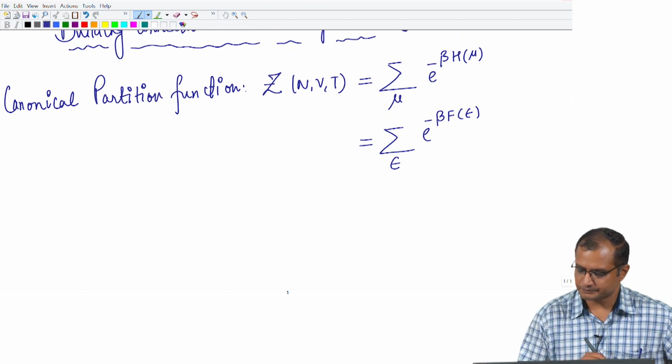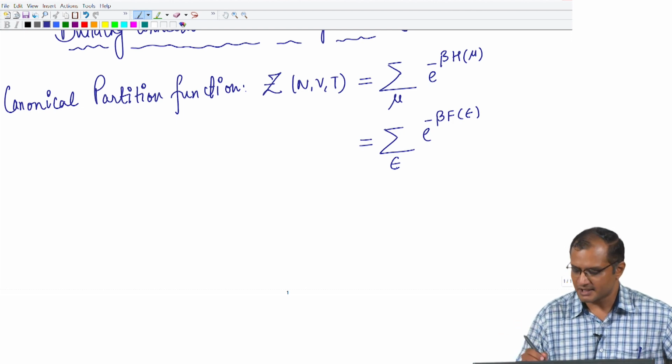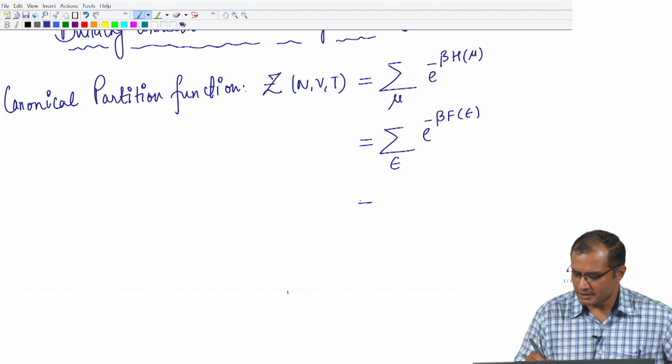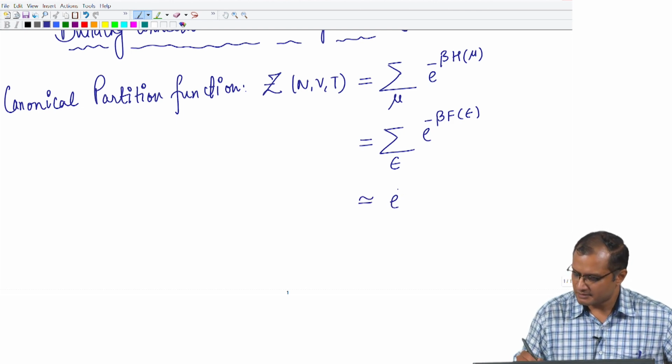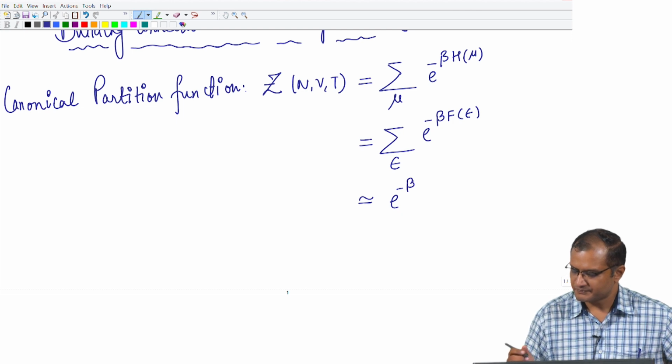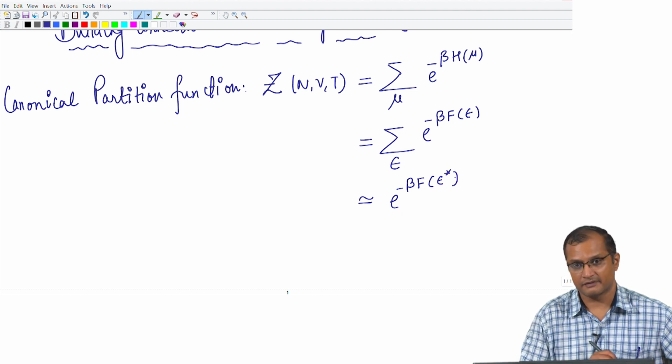And we said that the summation involves a large number of energy states. So, it can be approximated by the largest value in the summand, which is e to the power minus beta f, the energy which minimizes f. Okay.